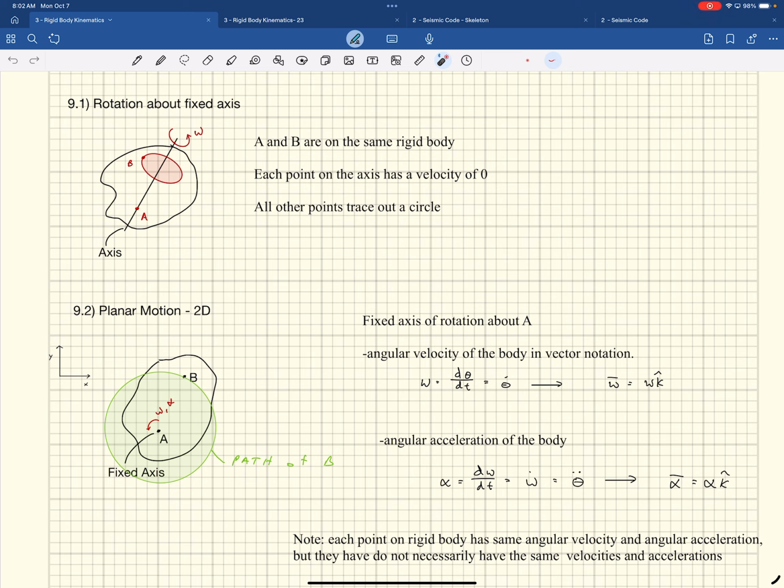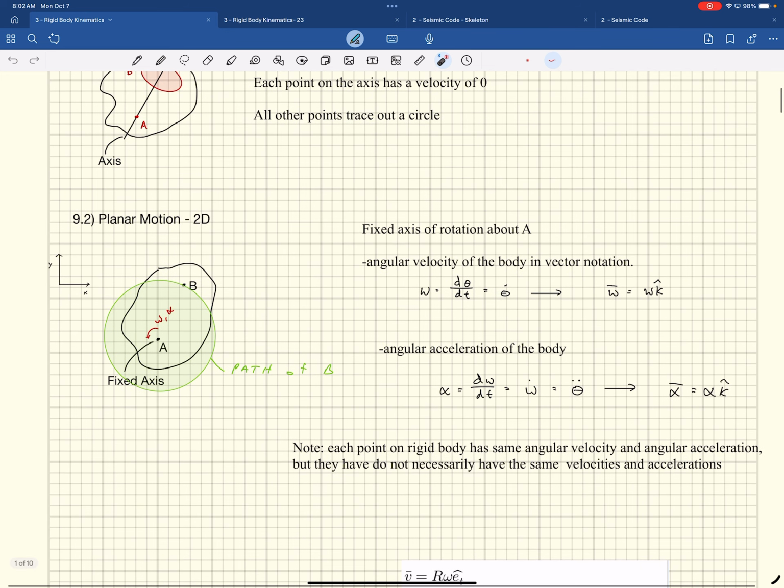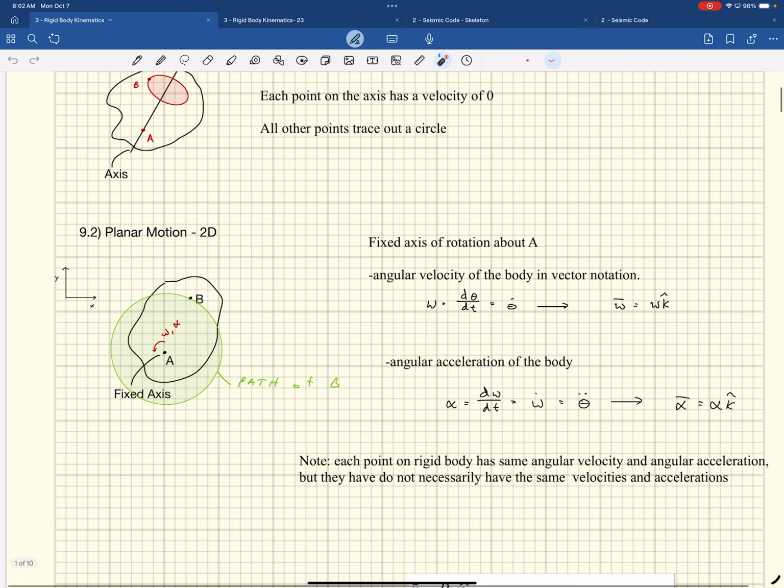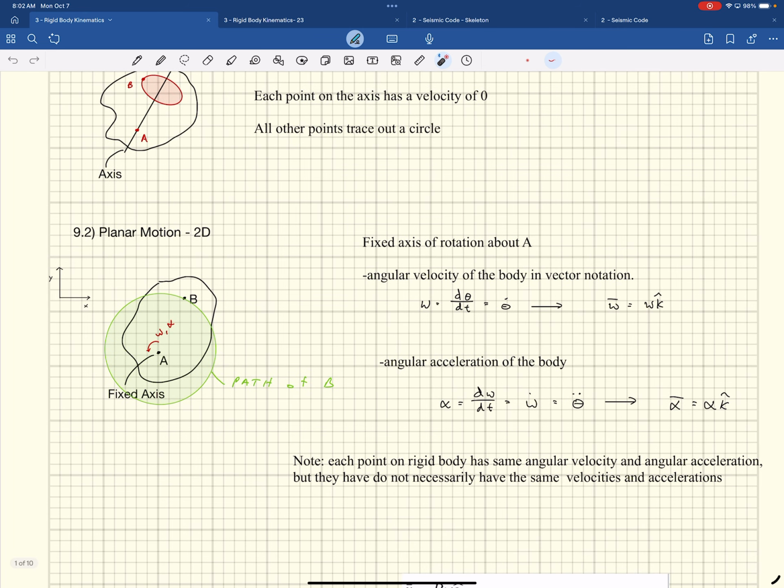We defined omega, we did this before with angular momentum. Omega is just d theta dt. It's the rate at which theta changes with time. And we're going to use vectors throughout this whole thing. You actually have to use vectors to do this right. So we're going to talk about our omegas being a vector. We rotate our fingers in the direction that it's rotating, and the direction that our thumb is pointed is the direction that omega is.